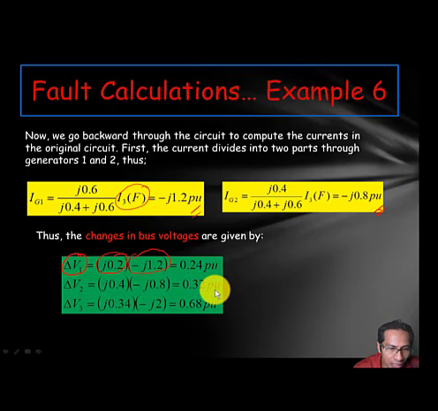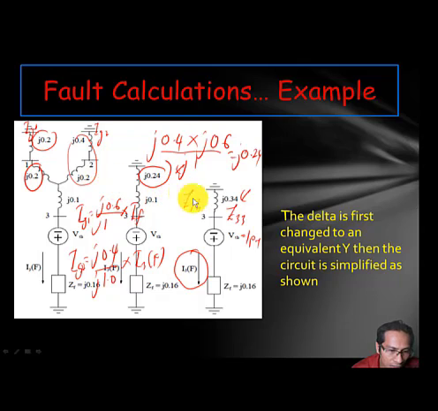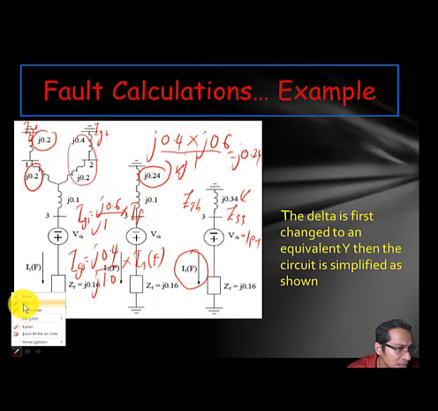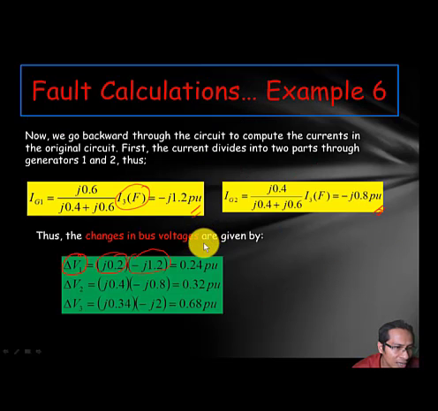For bus bar 3, this is bus bar 3. The voltage change in bus bar 3 because of the fault current is equal to the current flowing here, I fault 3, times the impedance over here. So we have j0.34 times minus j2. We get this value for the voltage change during faults.